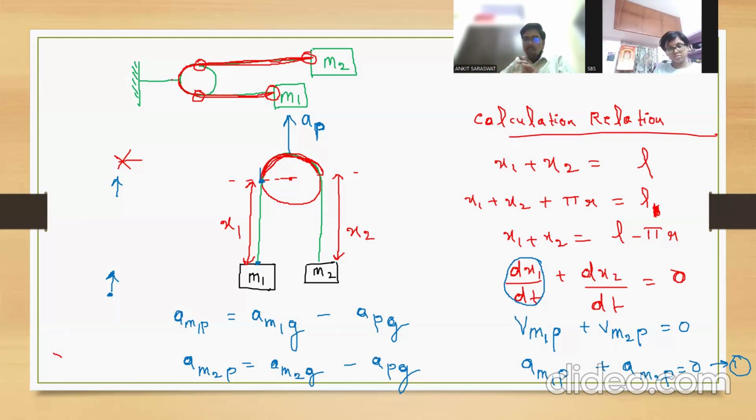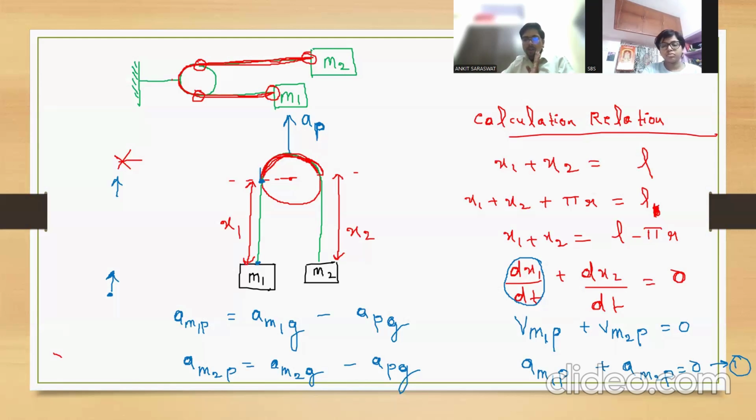We can say directly, sir, the change in x1 depends on the movement of m1 only. If pulley is fixed, then we can't say v m1p, velocity of m1 with respect to pulley. But if pulley is not fixed, then its velocity, its acceleration depends on the relative velocity.